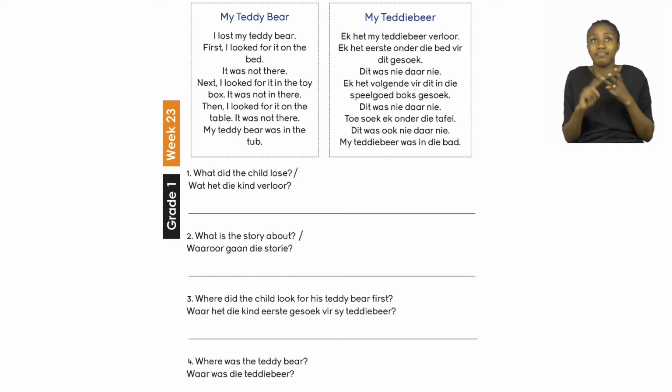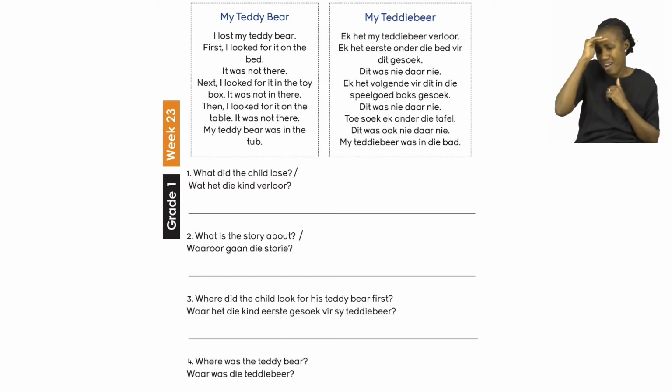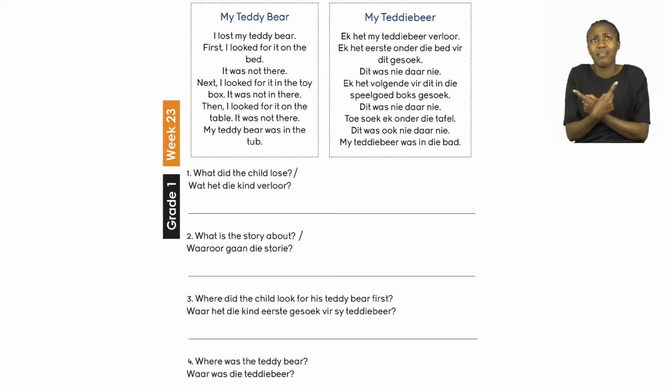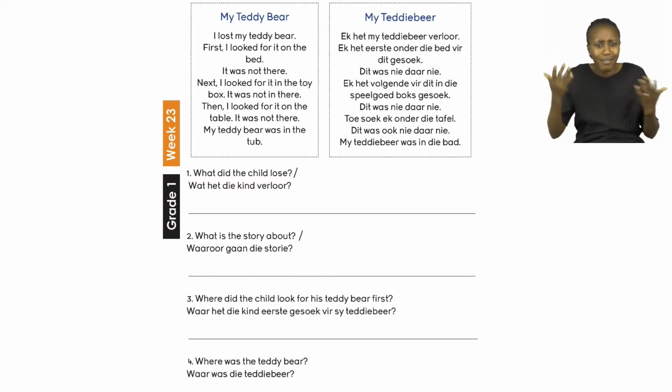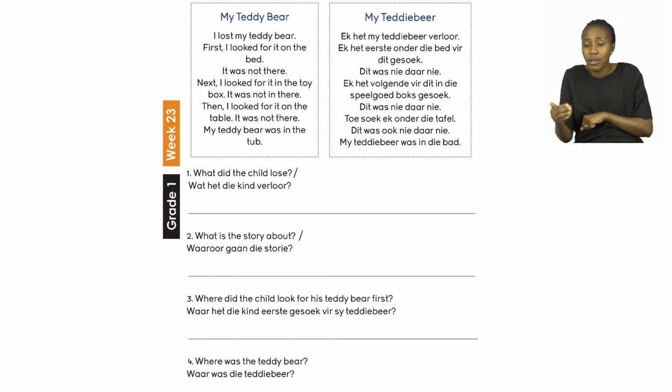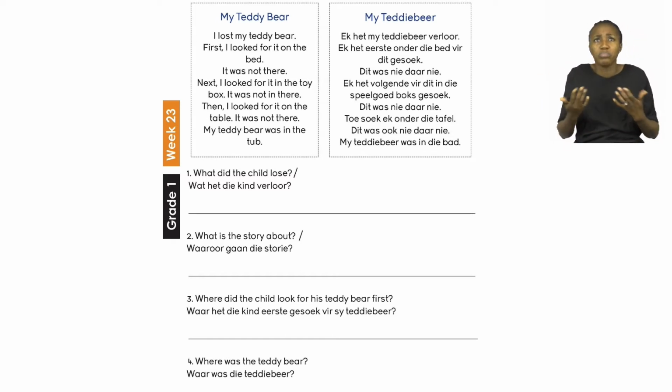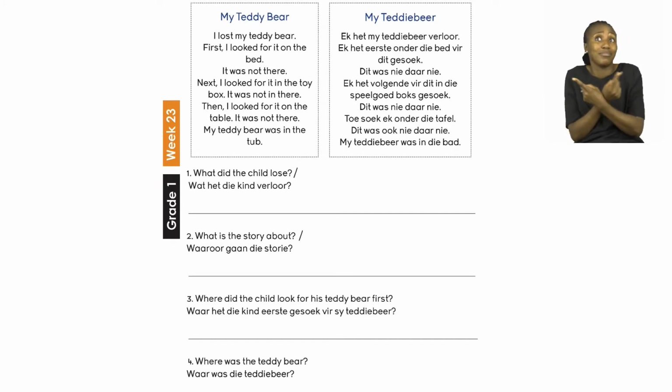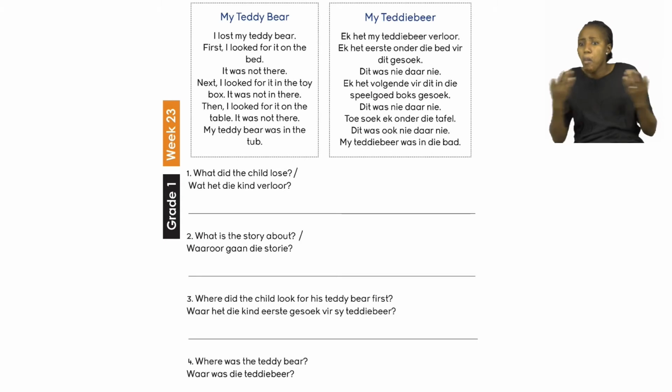Number 3 says, where did the child look for his teddy bear first? Number 4 says, where was the teddy bear?